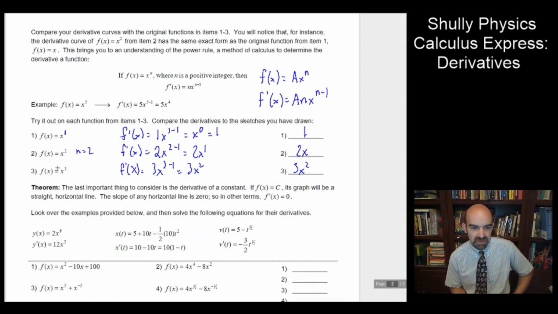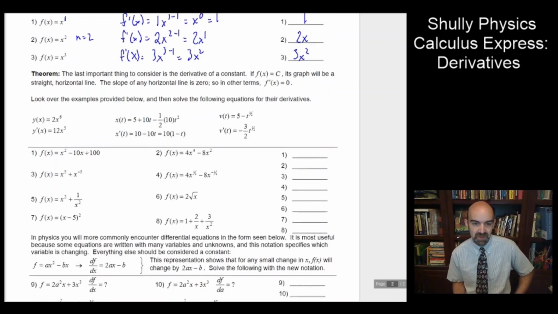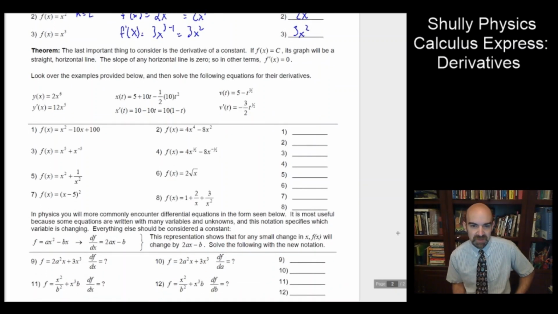So if you take this function, then this function will be the slope value function of it. Show the change. I gave some examples here. You can work them through or just look at them. Just to skip the first one here, look at the second one. What happens to the derivative of a constant? Well, is there any change in a constant? No, there's no change. So what's the derivative of 5?